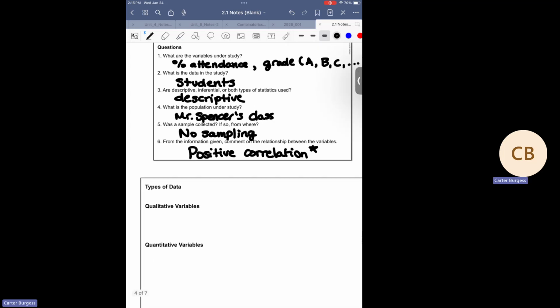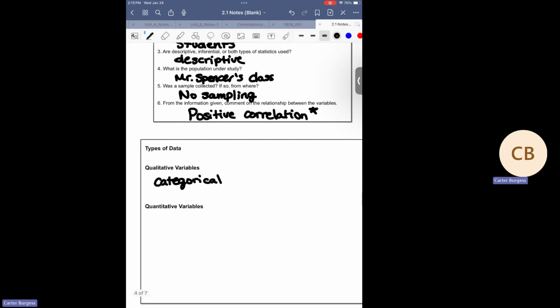So a couple of different types of variables that we are seeing here. The biggest distinction between variables that we are going to be looking at is the idea of qualitative variables versus quantitative variables. At its core, qualitative variables are going to be categorical, and quantitative variables are going to be numerical.